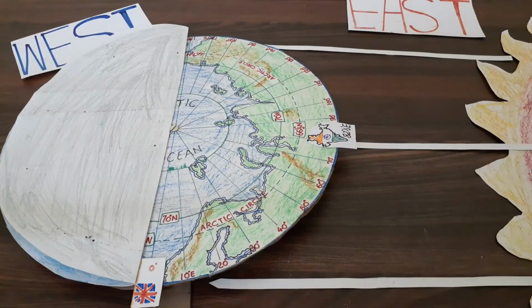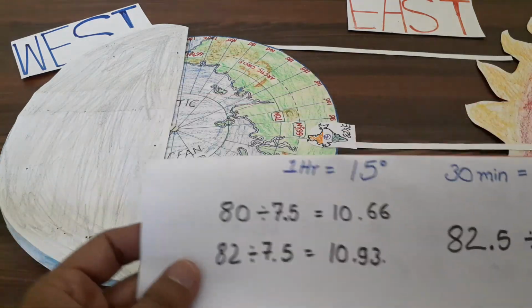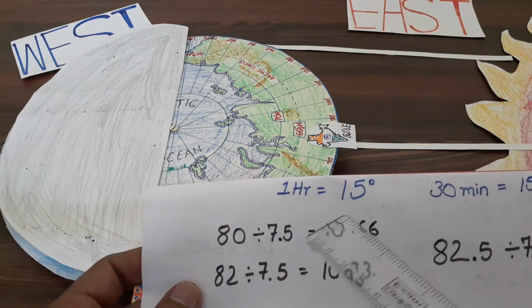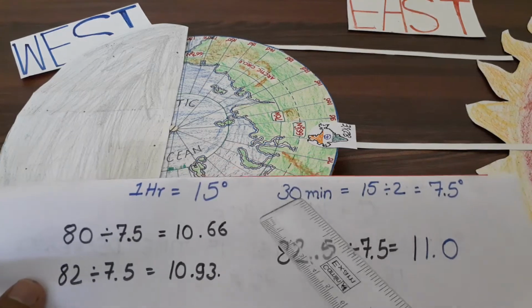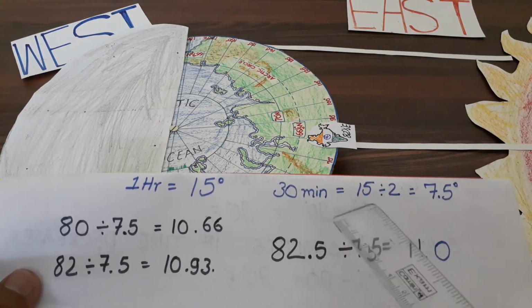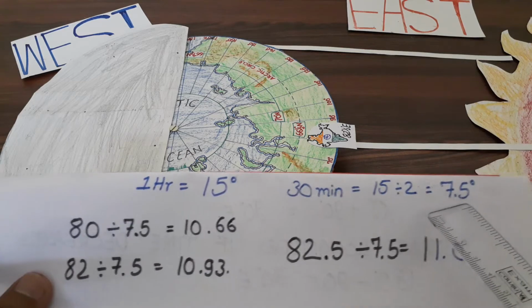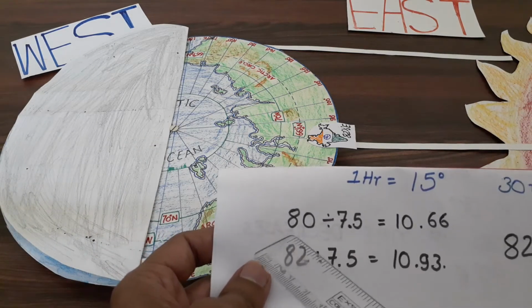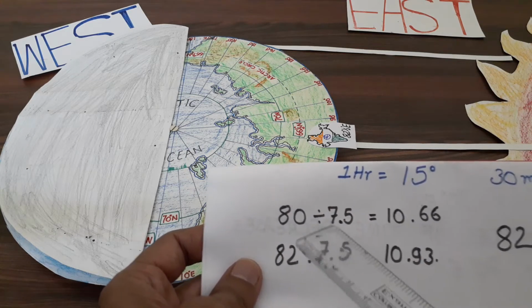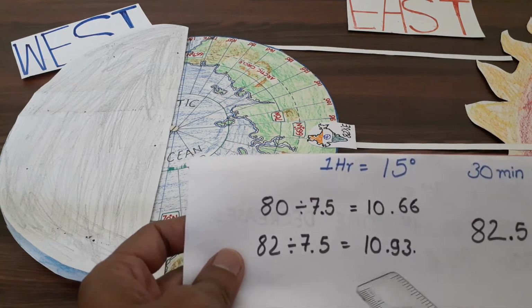Okay. For this, there is a simple rule. There's a simple calculation with which a country can know its exact longitude. We all know that for every 1 hour there is an interval of 15 degrees longitude. Therefore, for every 30 minutes, we divide 15 by 2, that is 7.5 degrees longitude. Therefore, whenever I divide the longitude by 7.5, I should not be getting any decimals.